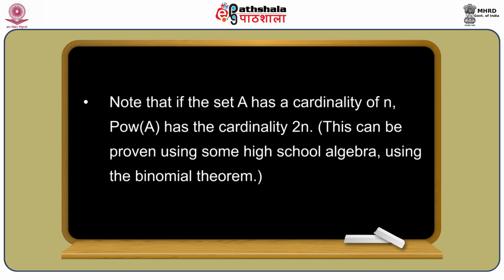Note that if the set A has a cardinality of n, the power set of A has the cardinality 2 to the power n. This can be proven using some high school algebra with the binomial theorem.